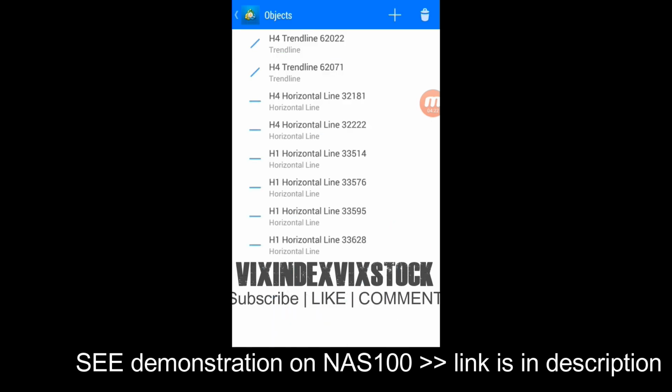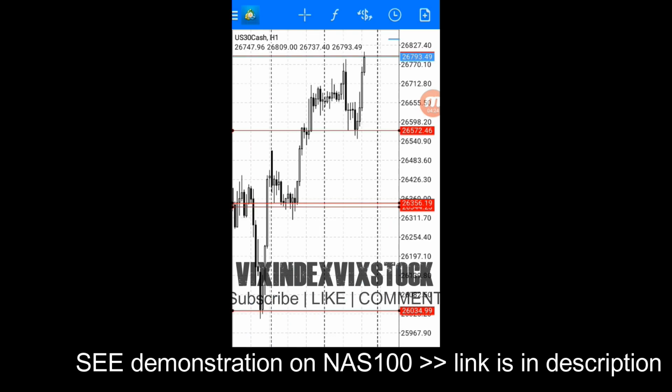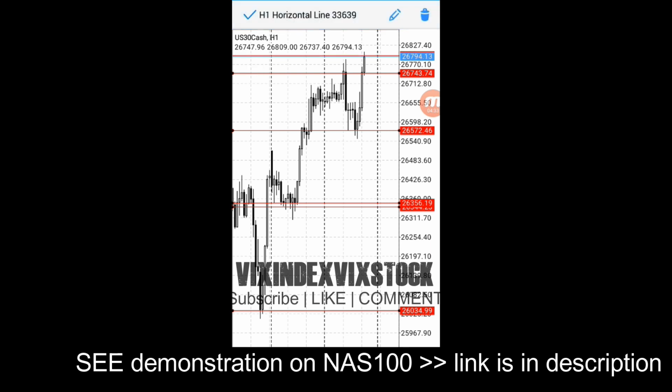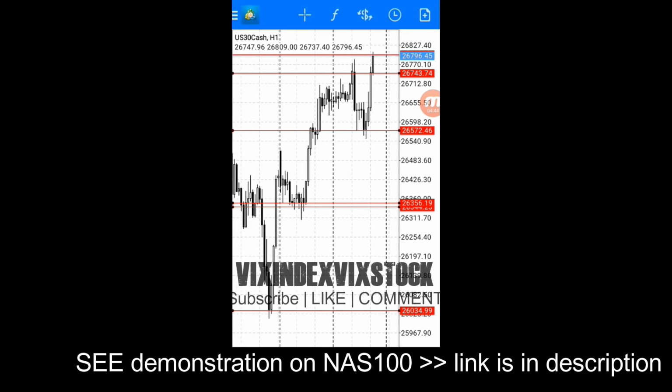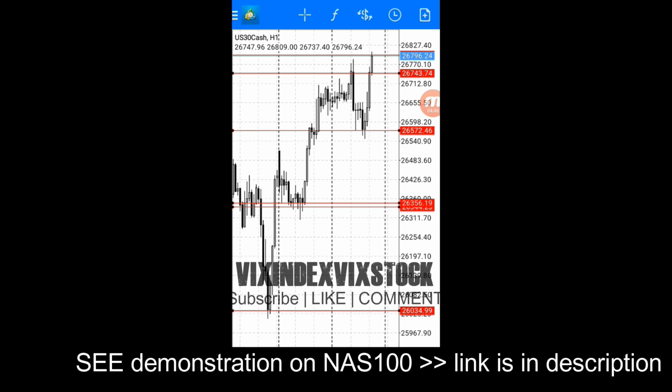Let's add another level. I'm just plotting somewhere there. It's refusing to move, but you get the point. So we are basically looking for points of support and resistance.